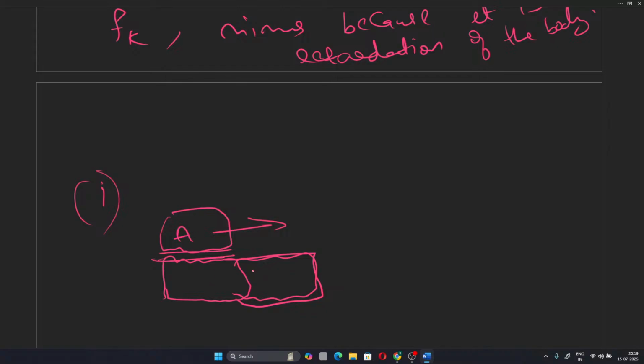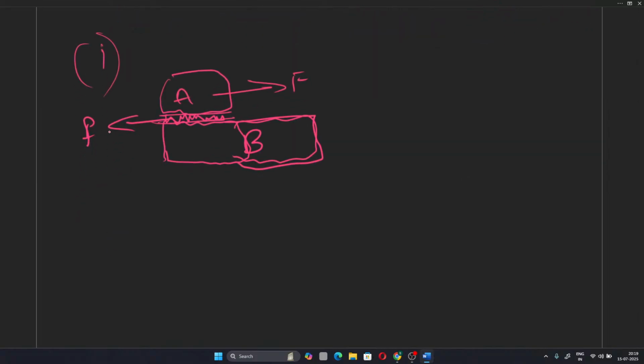This is A, and this whole thing is B. When it is moving forward due to a force F, there is a force in this direction, which is basically Fk, or Fs if it's at rest. Basically, just some frictional force acting on it. This is the frictional force acting on this side.